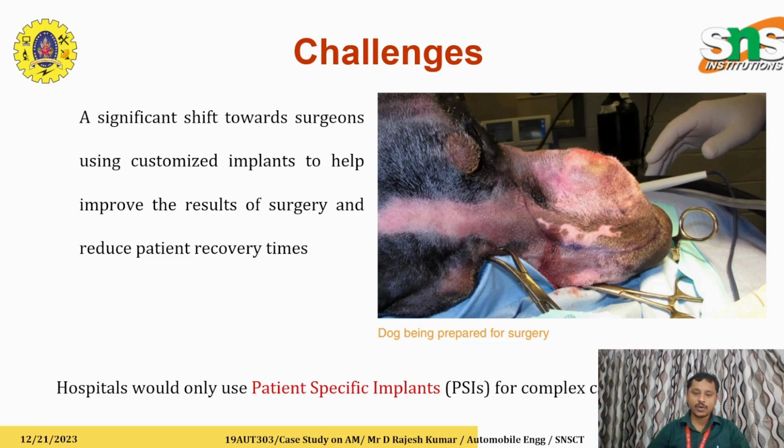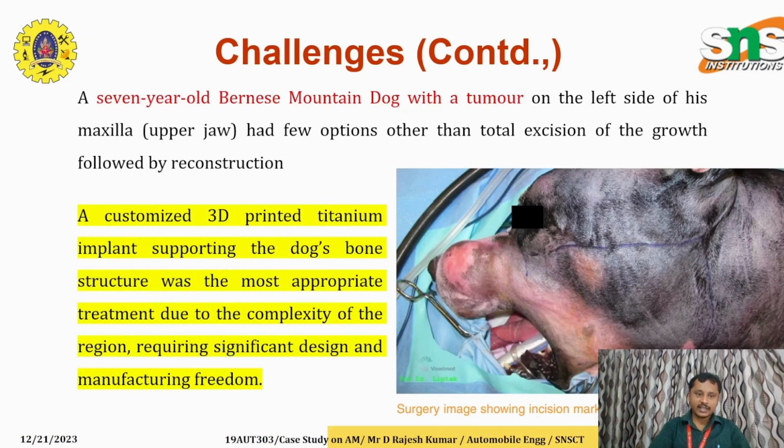This is the image showing the dog prepared for surgery. The hair of the dog in the face area is removed, and you can see here this 7-year-old Bernese mountain dog. This is the breed. On the left side of its upper jaw, it has a growth, followed by the reconstruction.